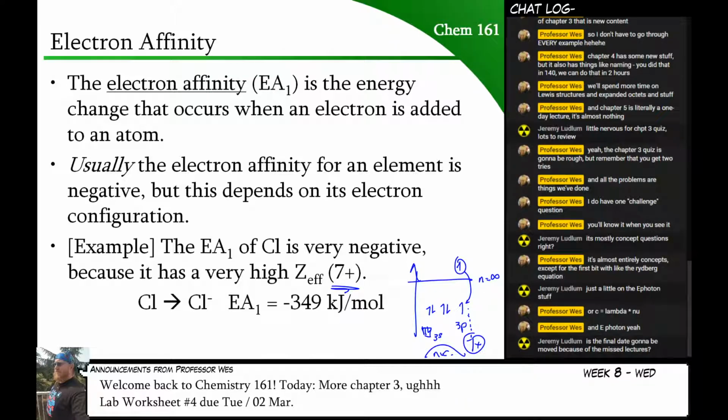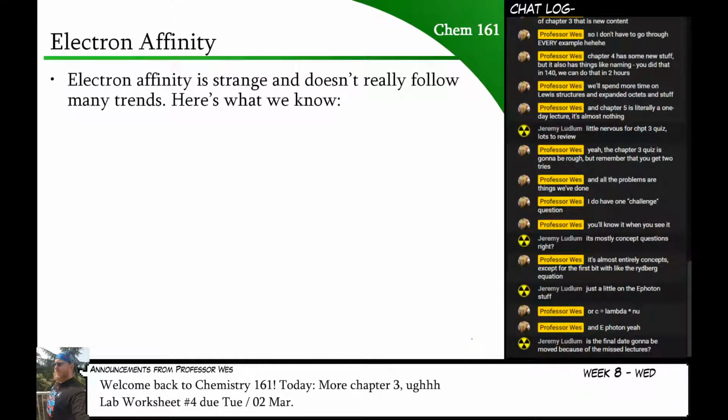Now, I think I have a chart showing these. Do we have a chart in these slides? Let me go find the chart real quick, because it's on OpenStax, and we might as well look at it. I don't have the chart on my slide, so give me a second real quick, and we'll find it, because this chart is worth seeing when I explain this.